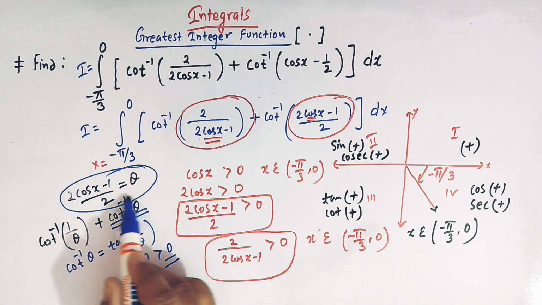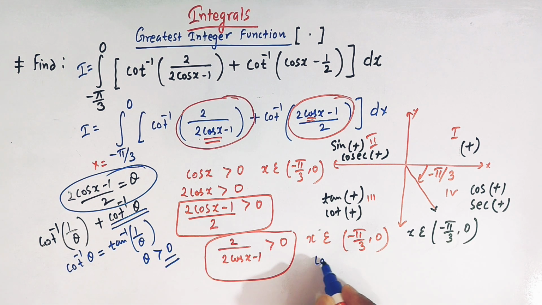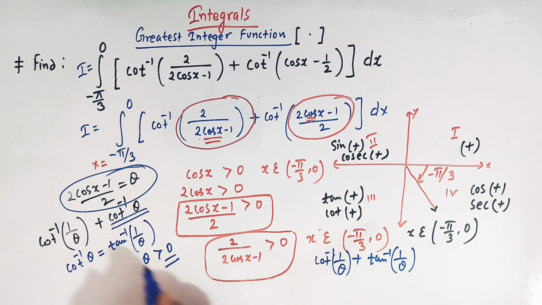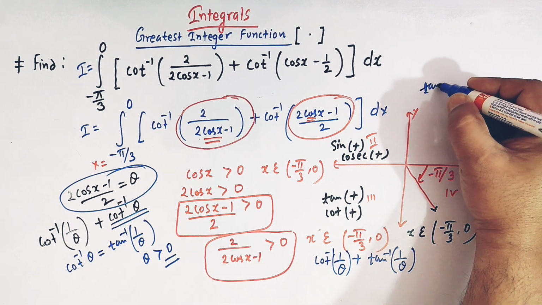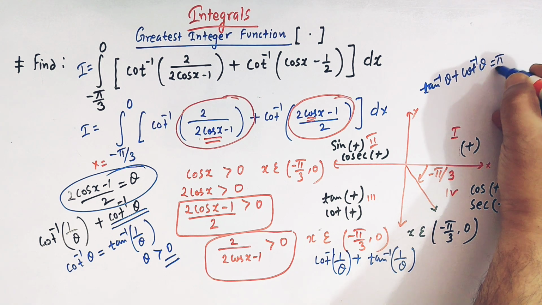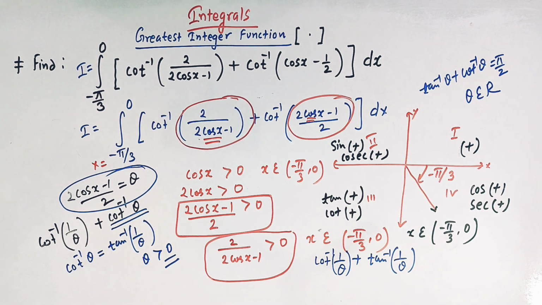So now this expression, that is cot inverse 1 over theta plus cot inverse theta, can be written as cot inverse 1 over theta plus tan inverse 1 over theta, right? So we have replaced cot inverse theta by tan inverse 1 over theta. And here again, we'll make use of one important property of trigonometric functions, that is tan inverse theta plus cot inverse theta is equal to pi by 2 when theta belongs to the set of real numbers.